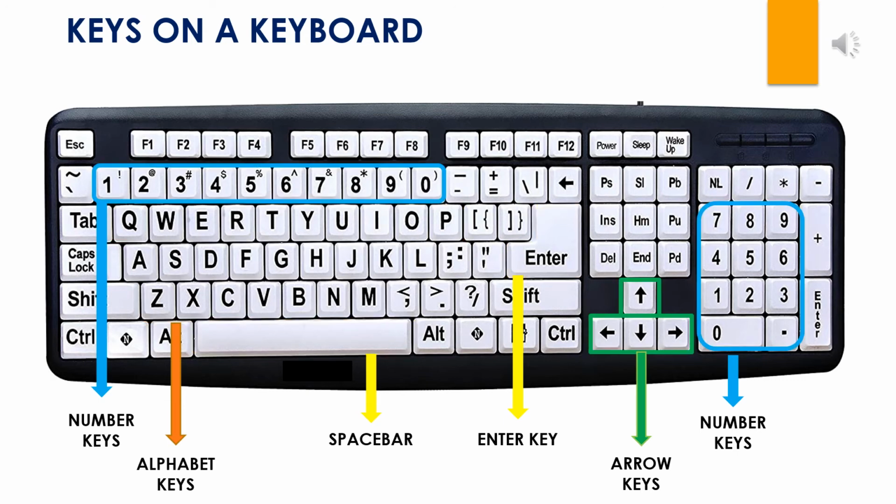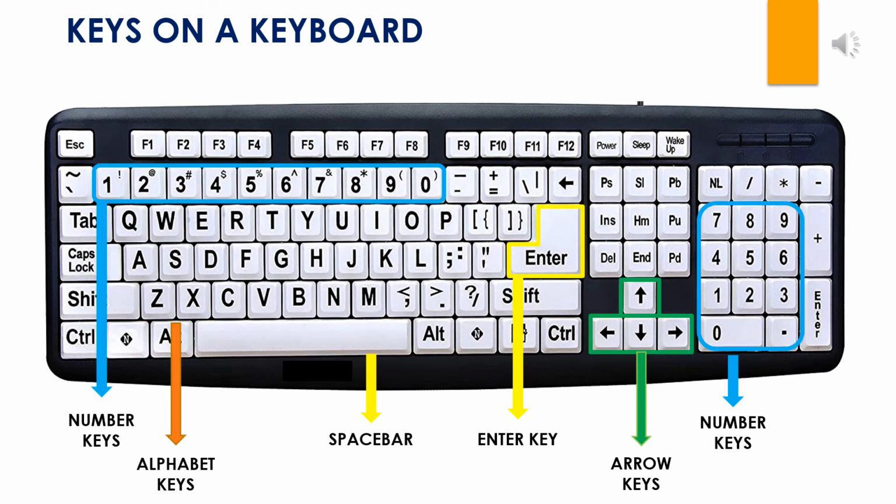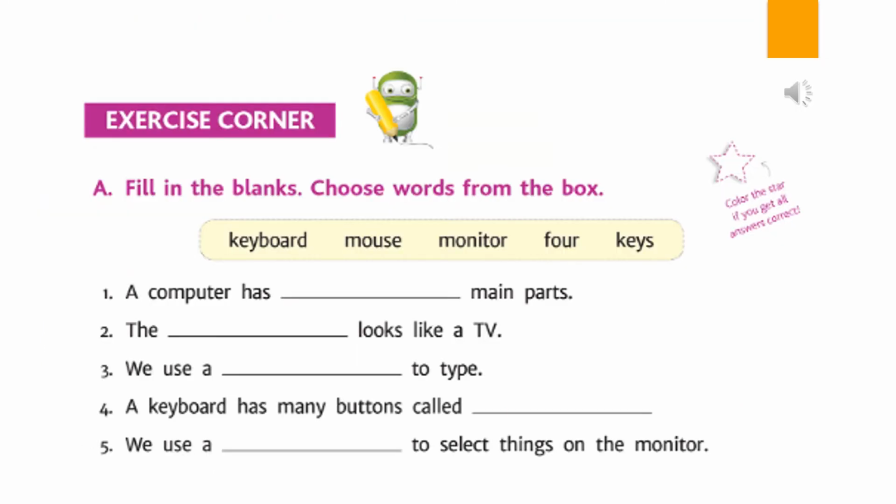So I hope all of you have understood about the keyboard keys. I hope now all of you have understood what is the use of a keyboard and have also learned to identify the keys on a keyboard.